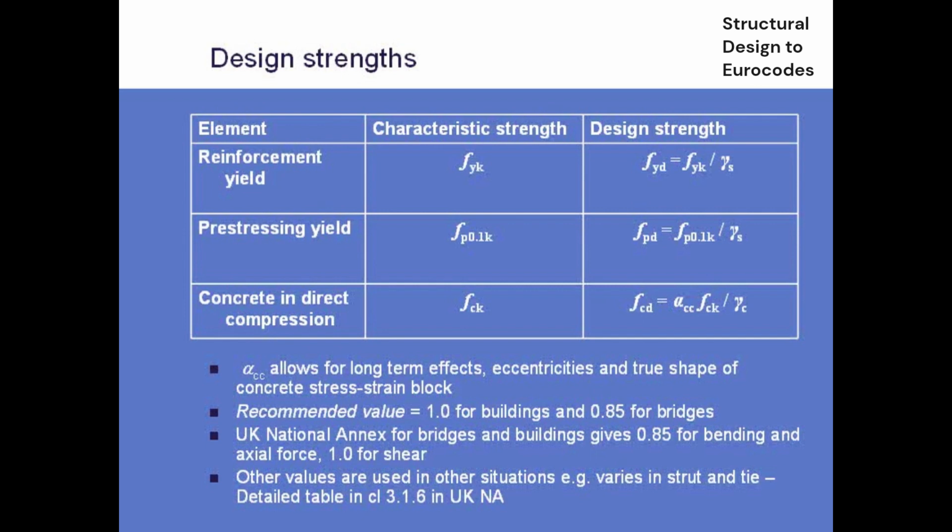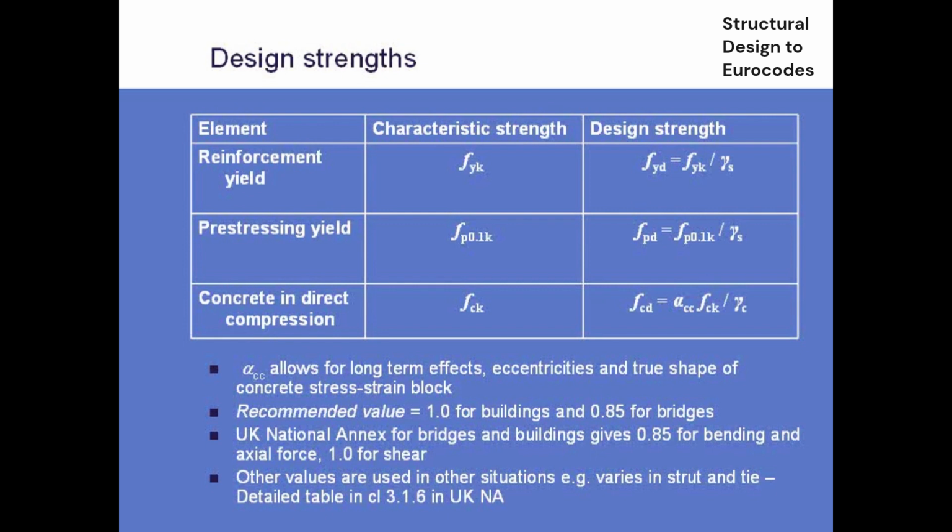The most significant one really is for concrete. The characteristic strength, the cylinder strength, is fck, but the design concrete strength that we use in calculations, whether this be bending or shear or torsion or strut and tie, the design strength fcd is the characteristic strength divided by the material factor gamma C, which is 1.5, as it is in BS 5400, but it's also multiplied by a factor alpha cc.